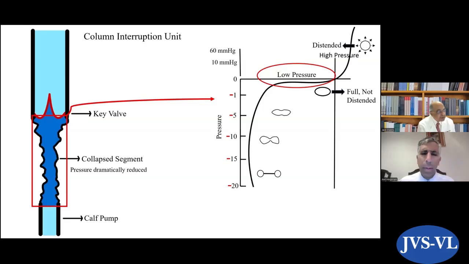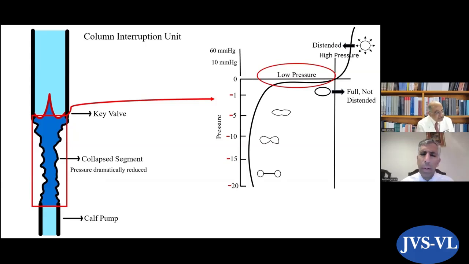Now, if the segment is fully collapsed, the pressure is somewhere around zero or even slightly negative. The cartoon right next to the curve shows the degree of collapse. When fully collapsed, most collapsible tubes form into two dumbbell-shaped channels with a totally flat segment in between.